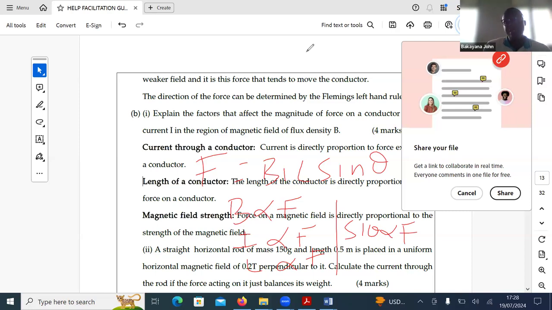So if we are tasked to mention the factors that affect the force on a conductor, they are these ones: the strength of the magnetic field, which is the magnetic flux density, the current, the length of the conductor, and the sine of the angle between the magnetic field and the conductor.